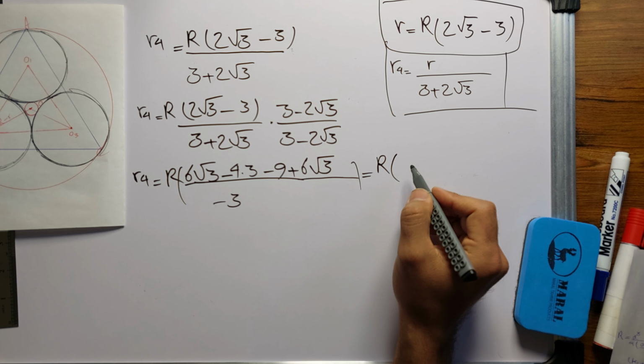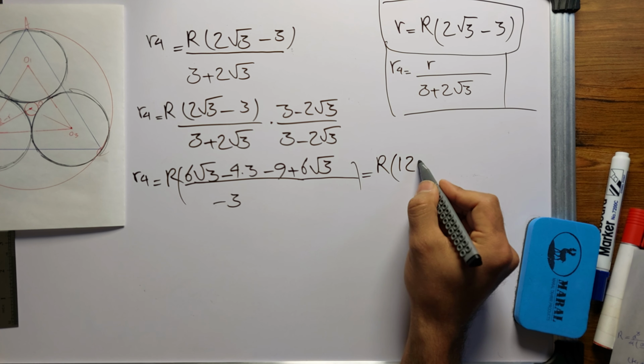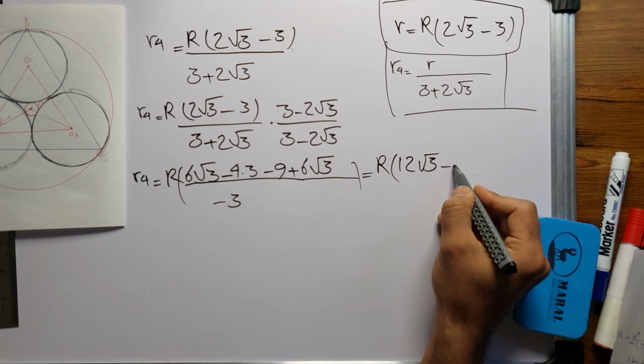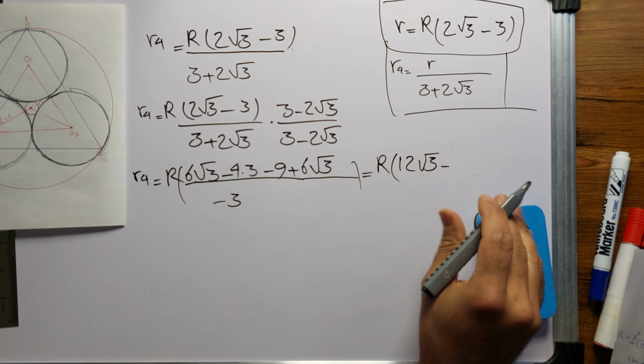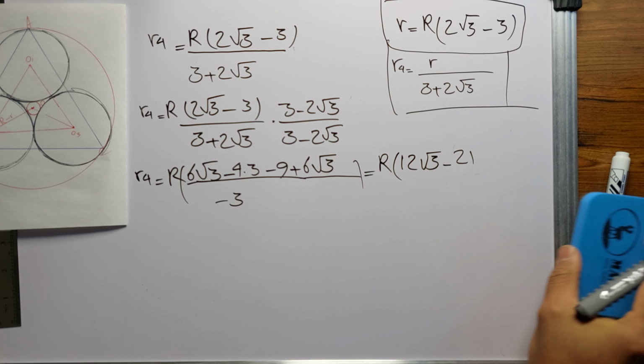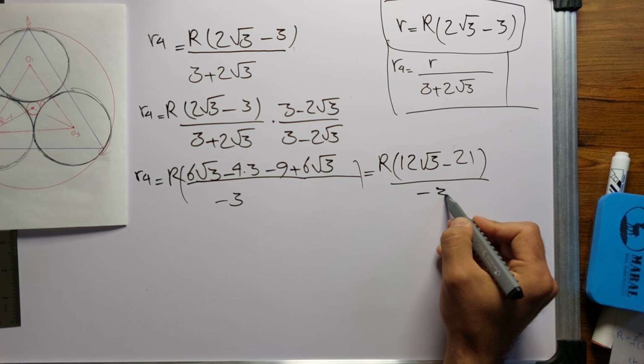So 12 square root of 3 minus 12 minus 9, which becomes minus 21, over minus 3.